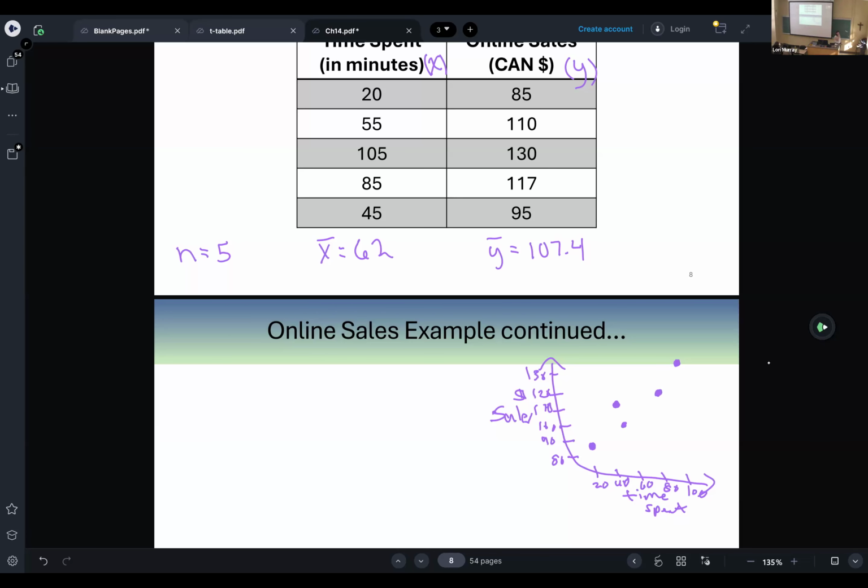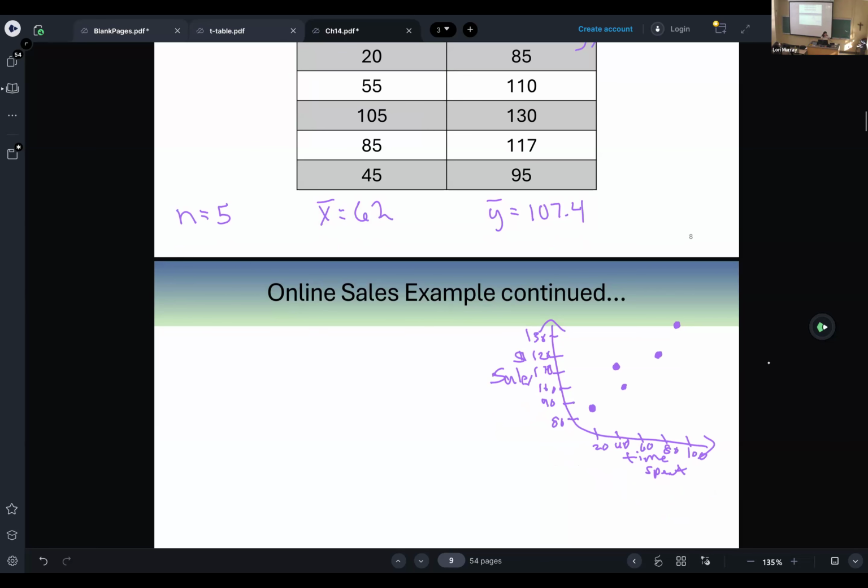Just 5 customers and we can see, and this was consistent with the full data set too, a positive association, positive correlation. Let's prove it mathematically. So what should we do next? What should we find out?